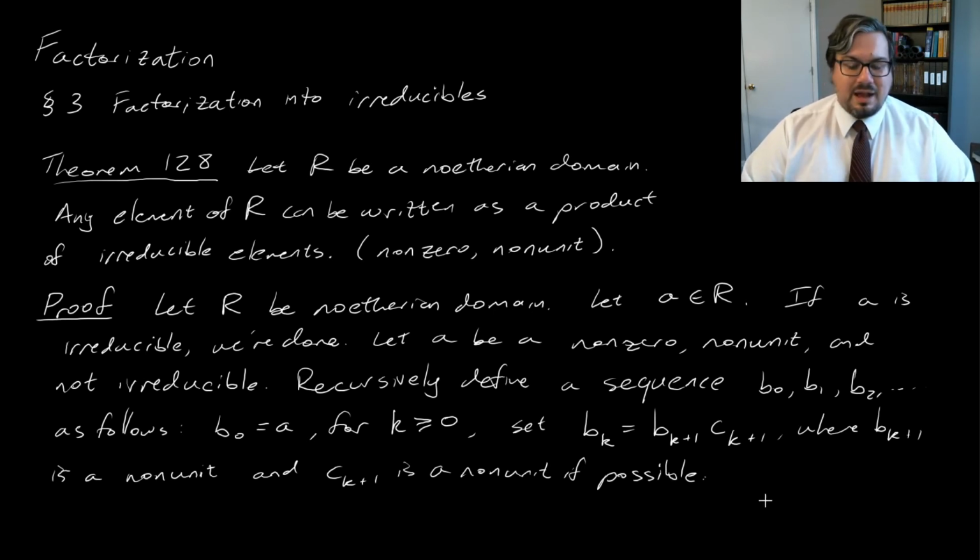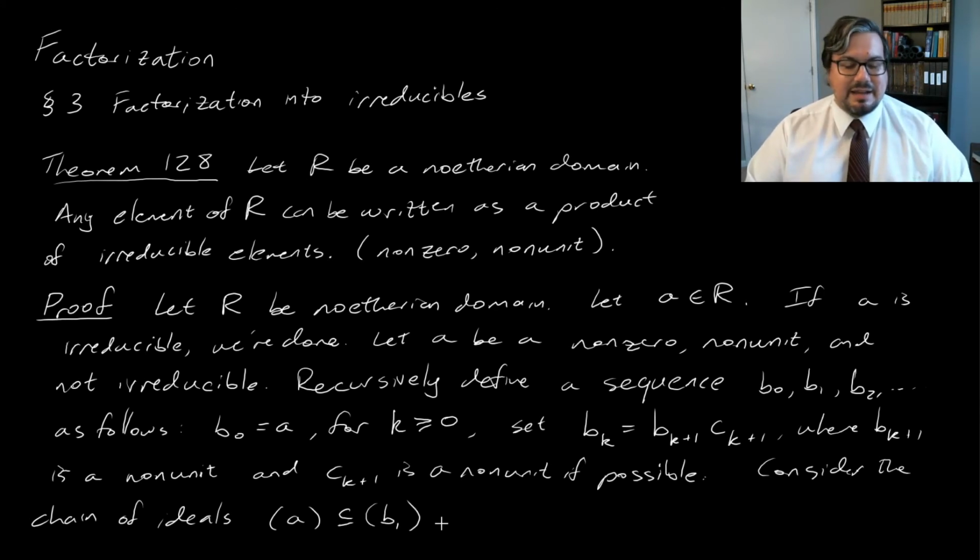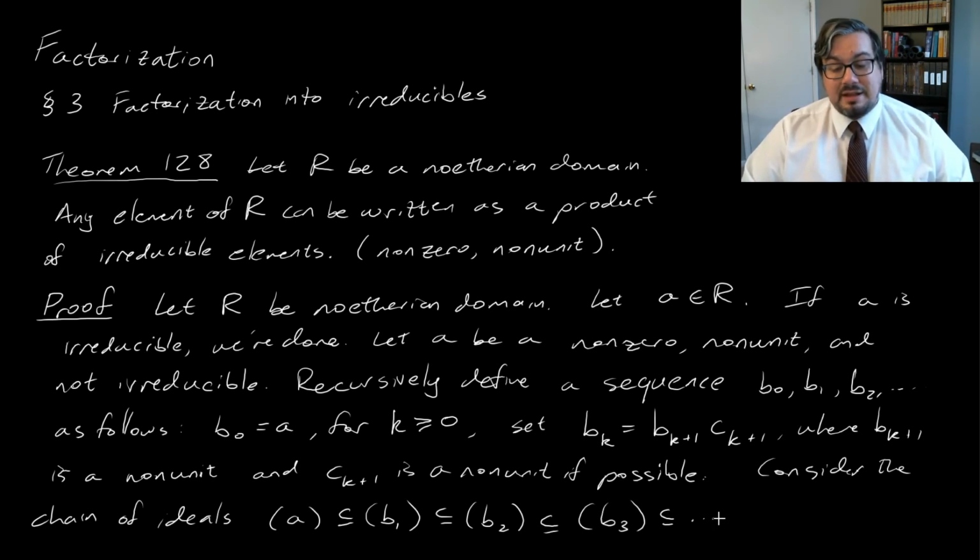Okay, so now we're going to consider the chain of ideals. We have that the ideal generated by A is contained in the ideal generated by B1, because B1 divides B0, which is A. The ideal generated by B1 is contained in the ideal generated by B2, because B2 divides B1, which is contained in the ideal generated by B3, etc. So we have this ascending chain of principal ideals.